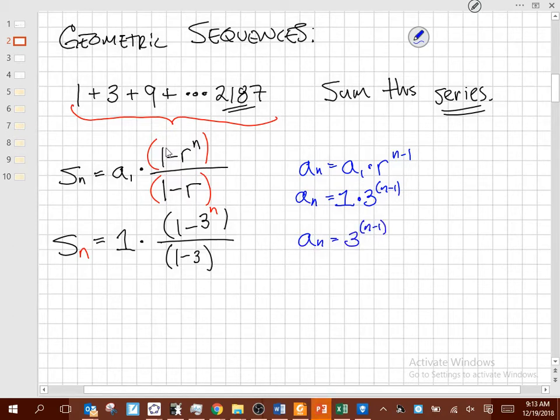Now understand what this a sub n is. This has been one of the biggest things throughout all the years I've taught this that people get confused with. Remember, n is the position of these objects in the list. We don't know what this 2187 is, but 1, the actual object in that position, is an a sub n. 3 is an a sub n.